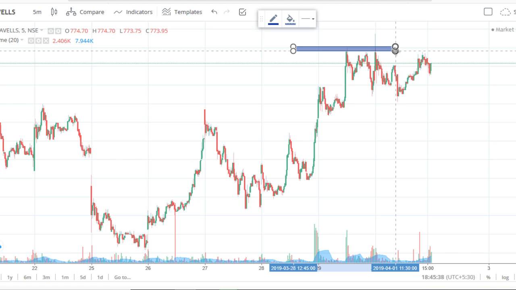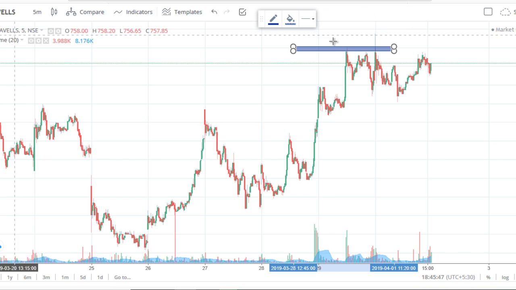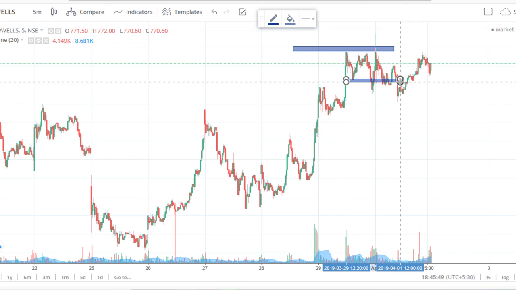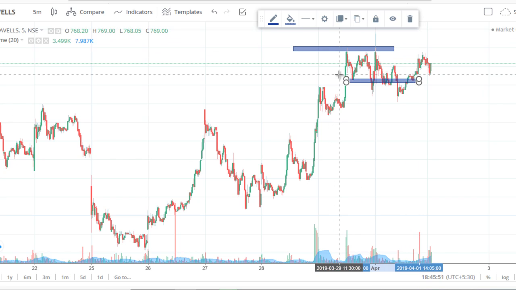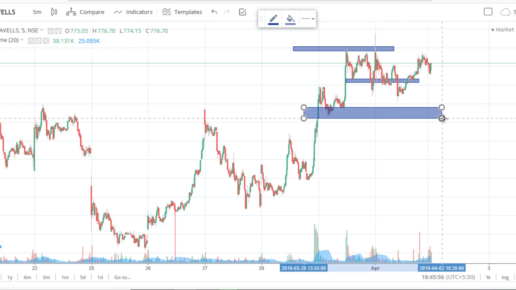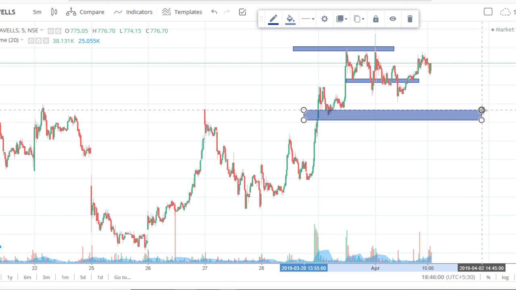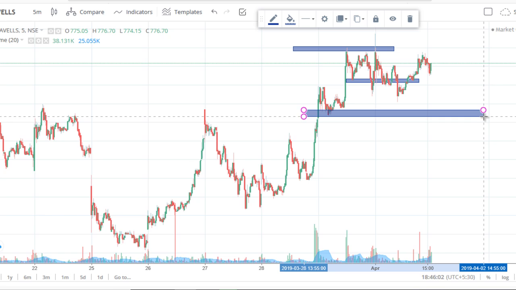This is going to act as a minor resistance for today. And next, the stock took support yesterday at this particular level for some amount of time, and it also took the support at this region, and at this region also.